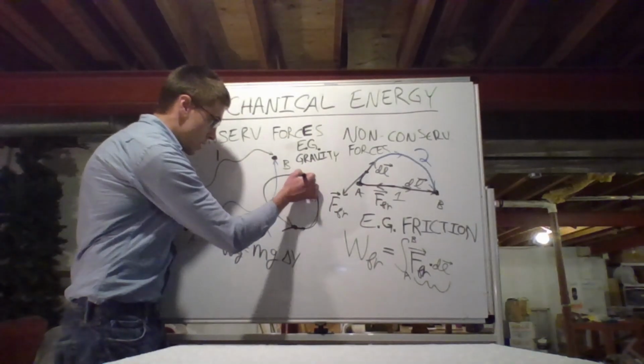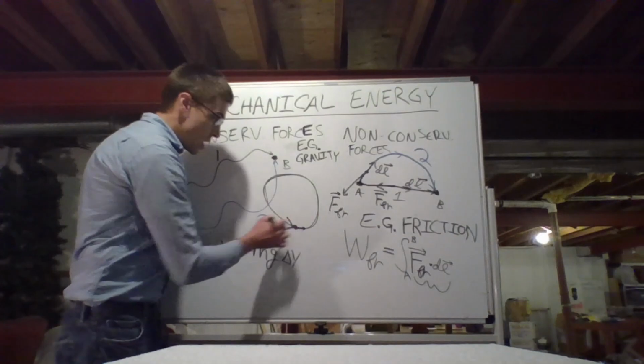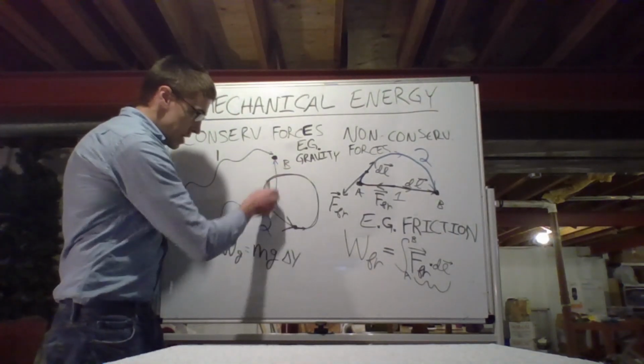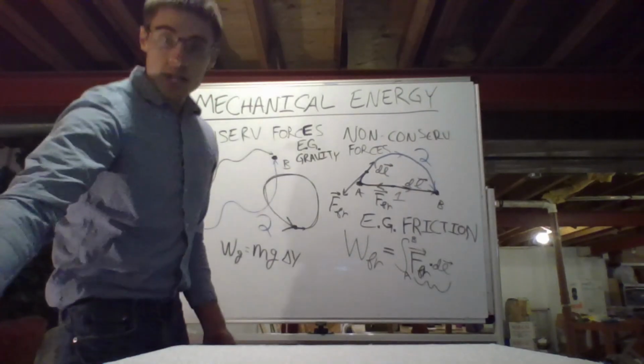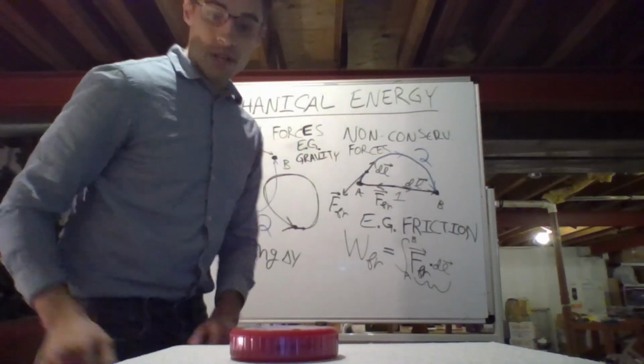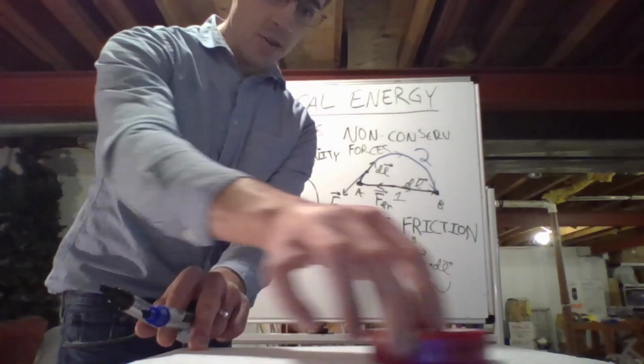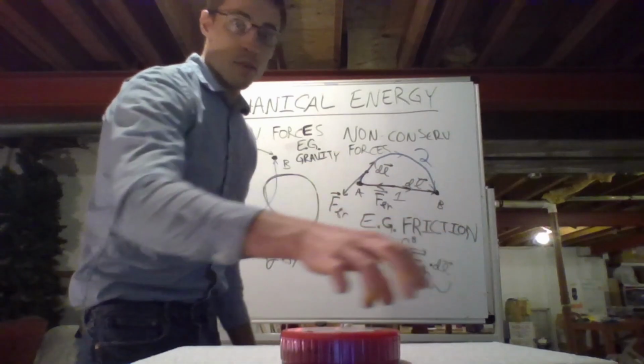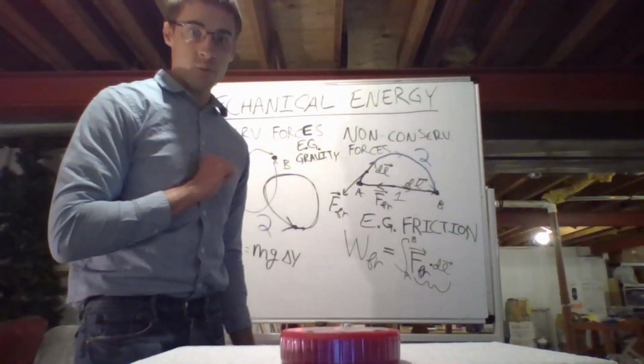It's negative when I'm going up, it's negative when I'm going back down. Therefore, it does take work to take something and slide it around in a circle. If I take this object and I set it here on this surface, and I slide it around in a circle there, I have to put energy into the system at every point as I'm moving it around.